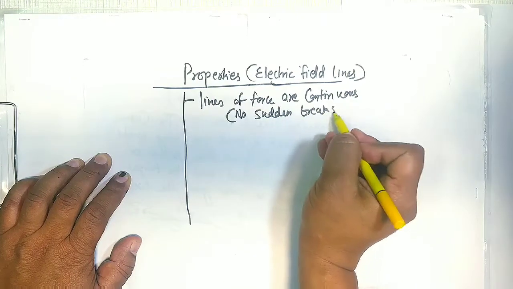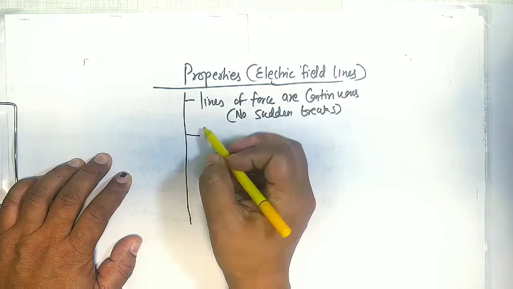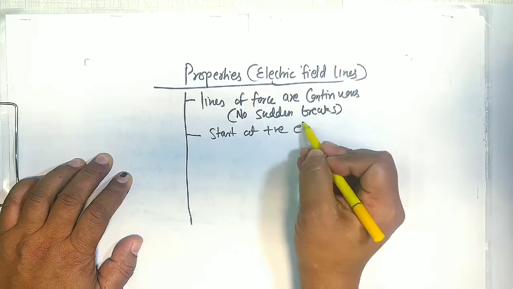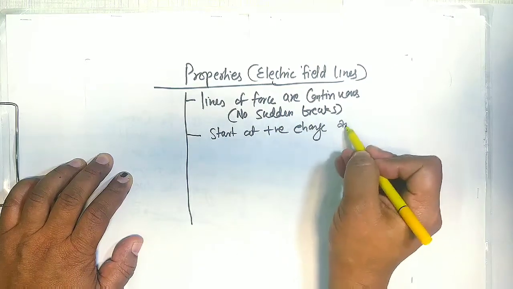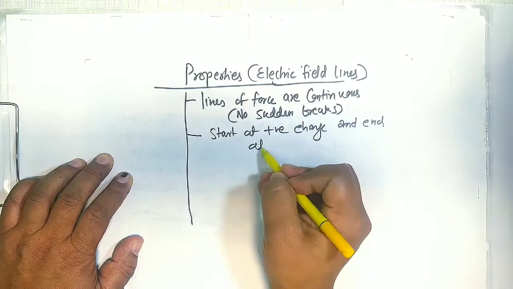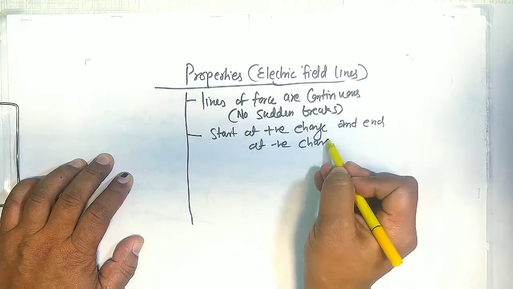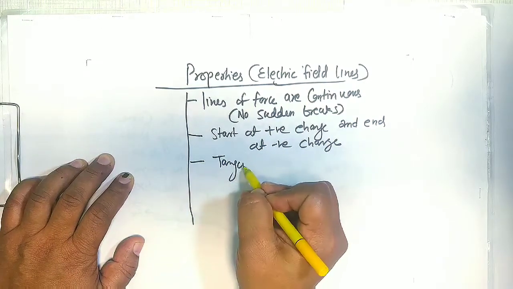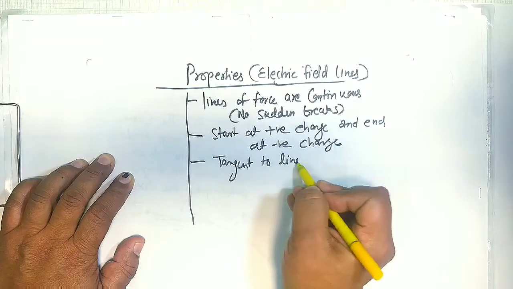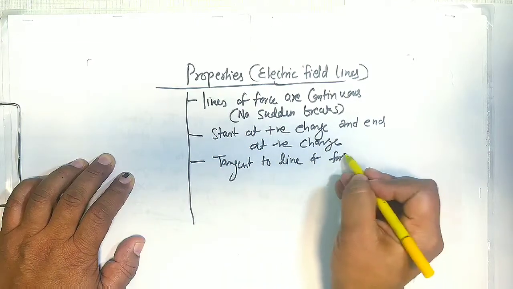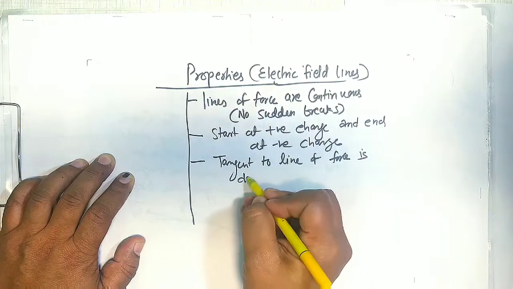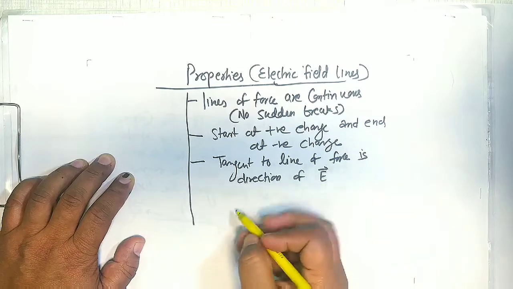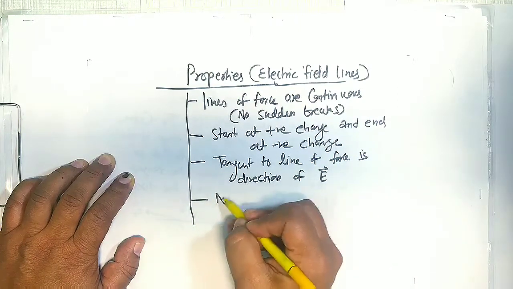Then they start at positive charge and end at negative charge. Then the tangent to a line of force, as I have already mentioned, is the direction of electric field intensity, E.